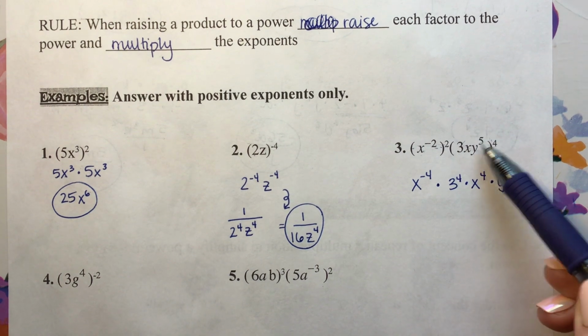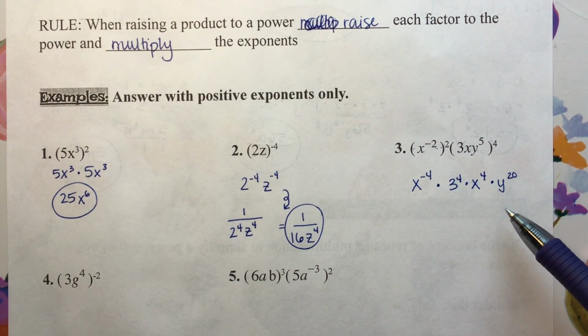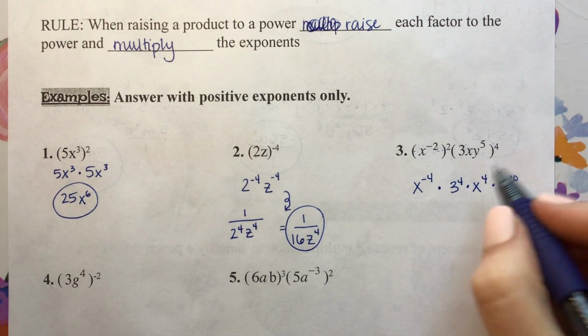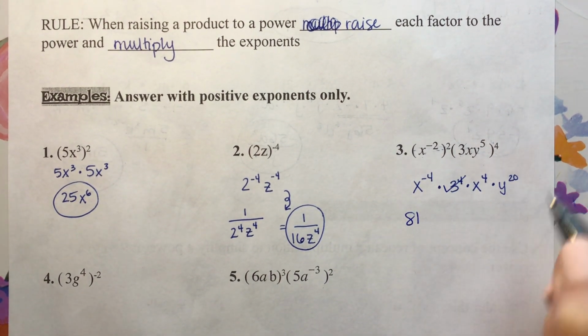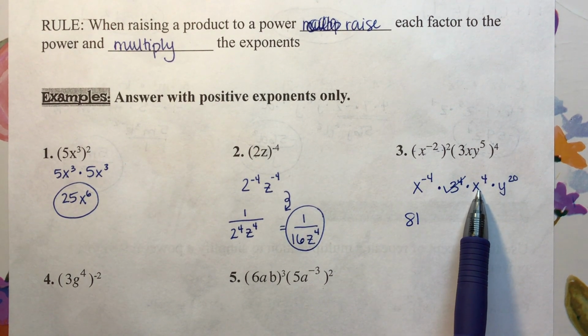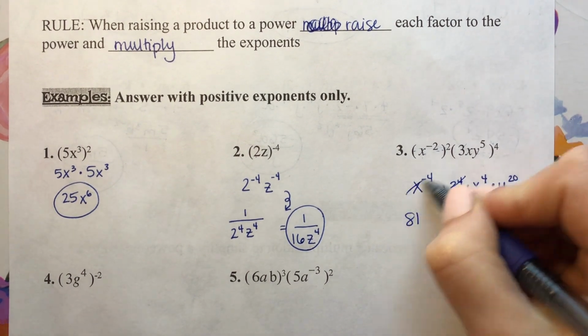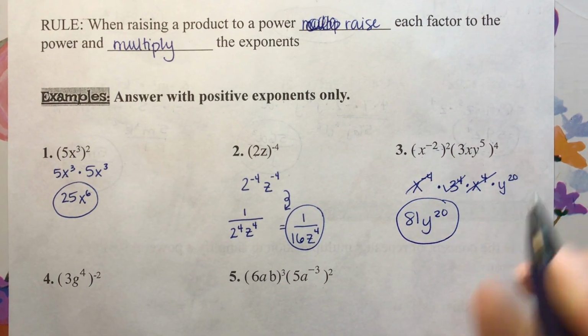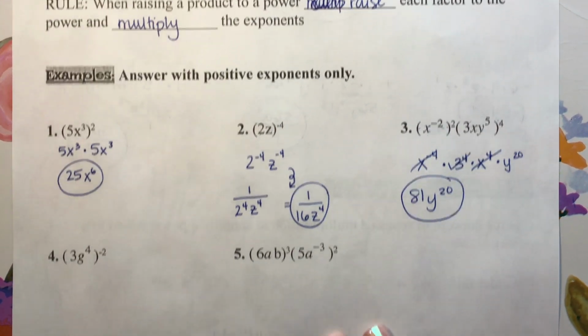Every single term in this set of parentheses is going to get that 4. Now I can look and see if there's anything that I can simplify. So 3 raised to the 4th is going to be 81. So I took care of that. And then I have x to the negative 4th and x to the 4th. Well, when I add those exponents, they cancel. So I'm left with y to the 20th on the end of that expression.